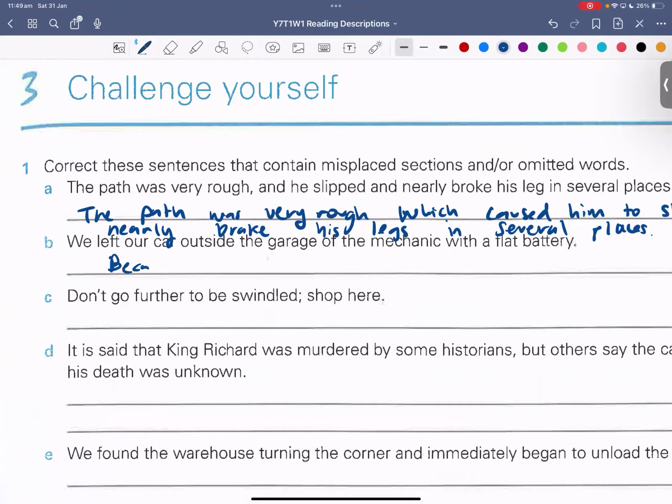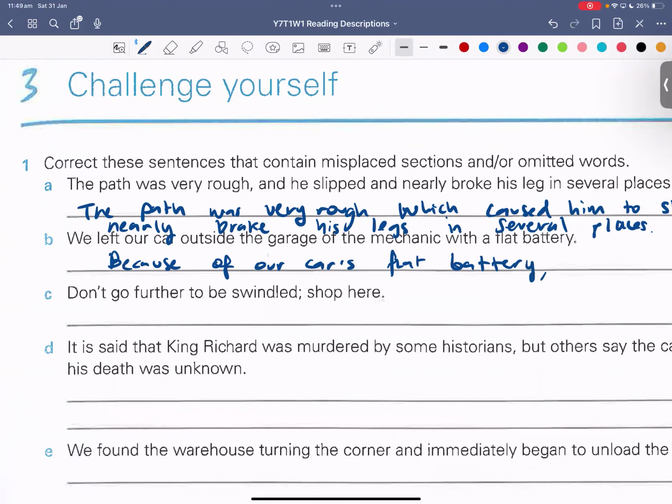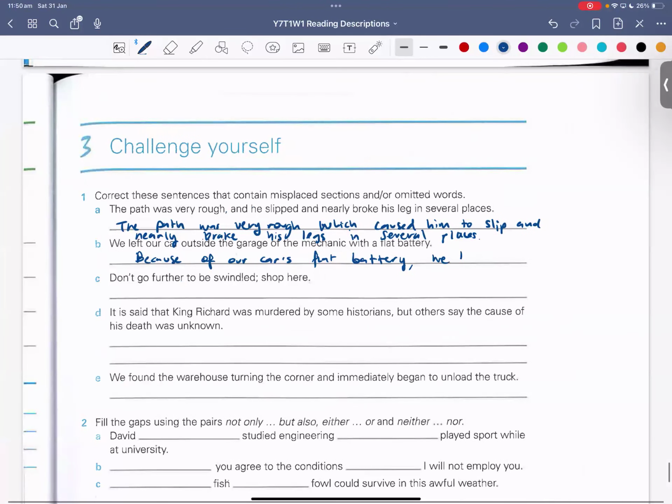So you say because of our car's flat battery, we left it outside of the garage of the mechanic. We left the car outside. We can make it even better: mechanic's garage instead of garage of the mechanic.